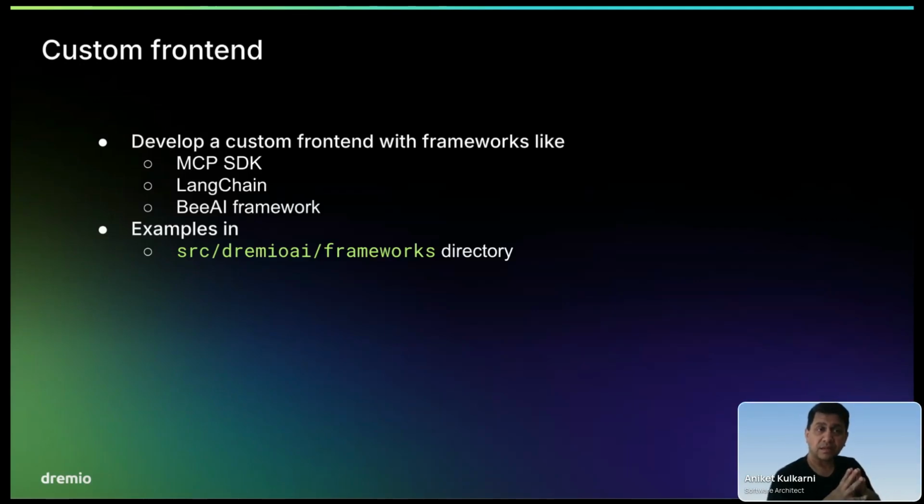With that, the last point I wanted to cover in today's session was custom front ends. In all the demos so far we have been talking about Claude Desktop, because that, as I said, is one of the only major LLM front ends that supports this protocol in its entirety.